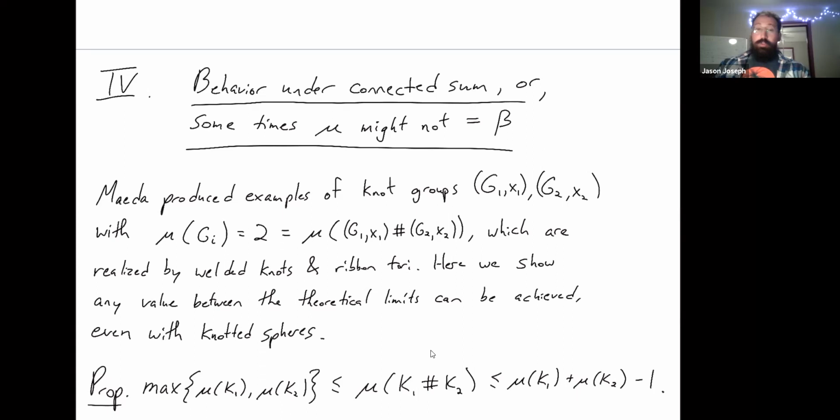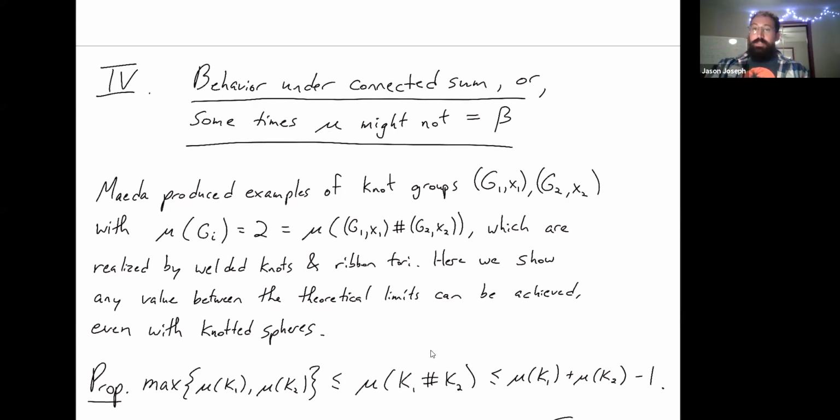So the meridional rank of the connected sum is bounded below by the maximum. That's because you can surject onto the group of either factor, and it's bounded above by the sum minus 1, because that's sort of the obvious thing you get when you write down the amalgamated product. So that's basic stuff, but we're going to connect some n copies together. So this minus 1 on the right happening for connected sum of n things will be a minus n minus 1.